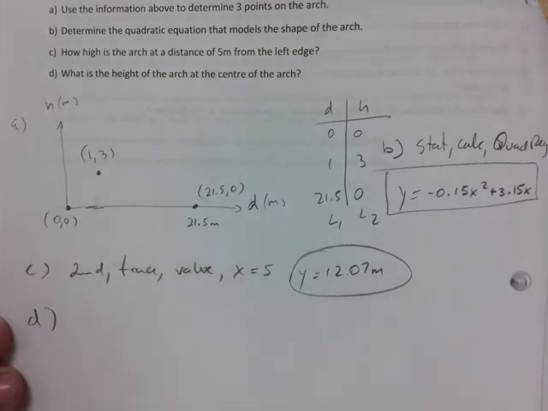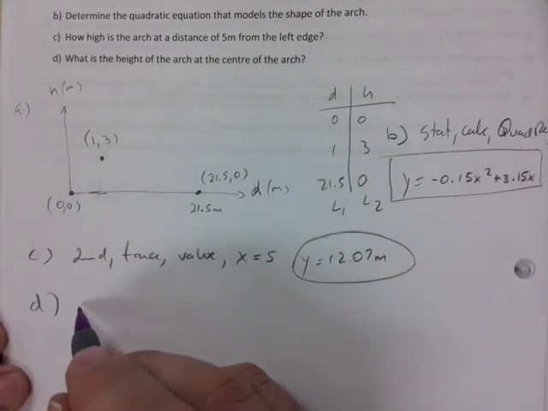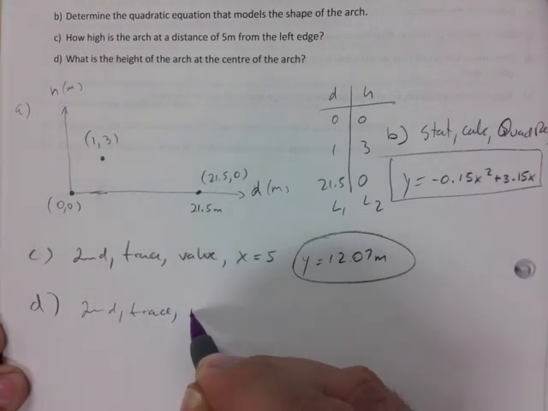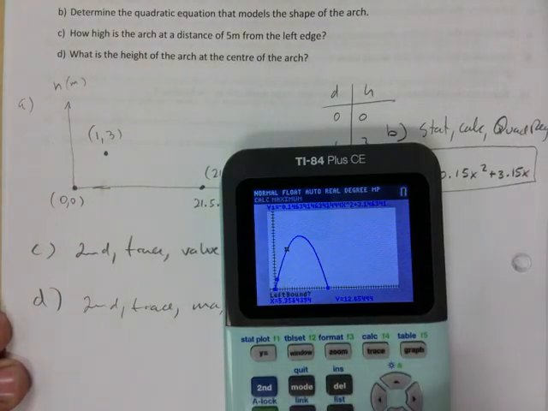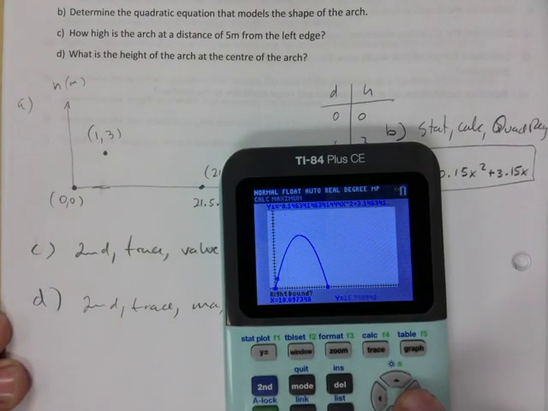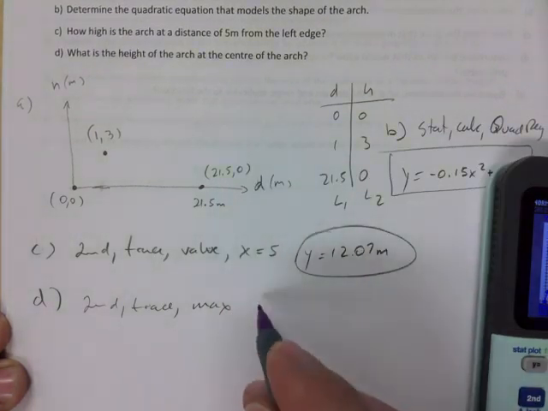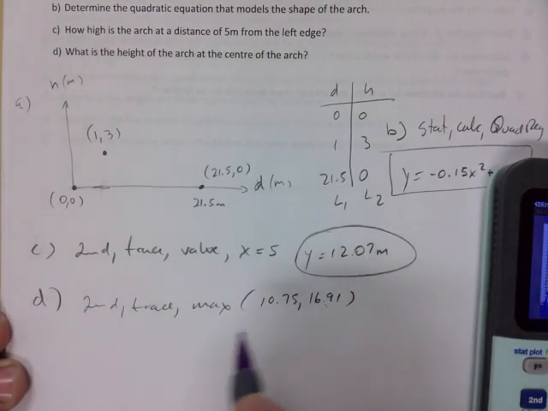So for D, what's the height of the arc at the center of the arc? So that's my vertex, right? Second trace max. So it's 10.75, 16.91. This is my max height, right?